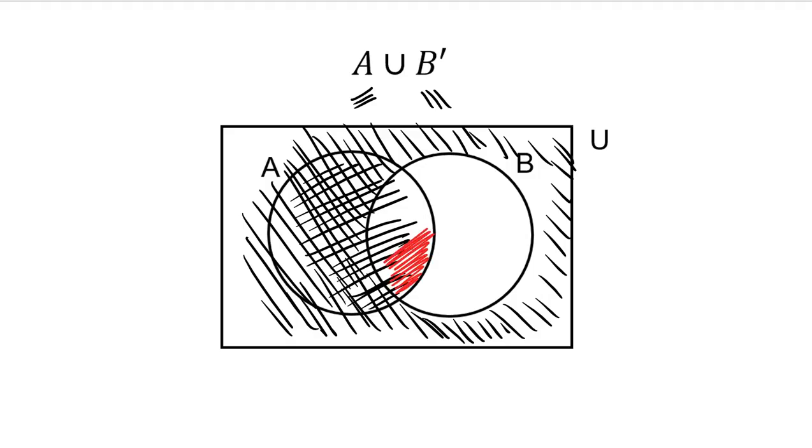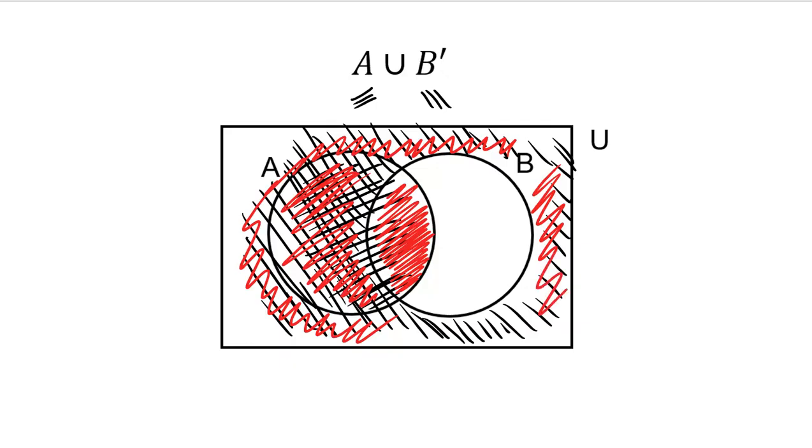So this region, and everything that falls outside. So the region shaded in red is the expression, the picture representing A union B complement.